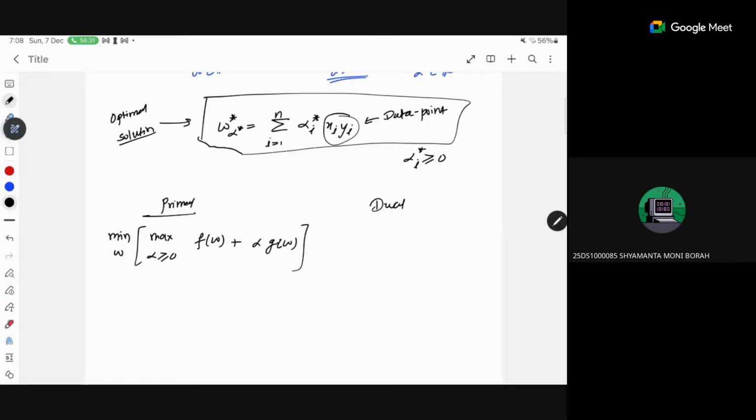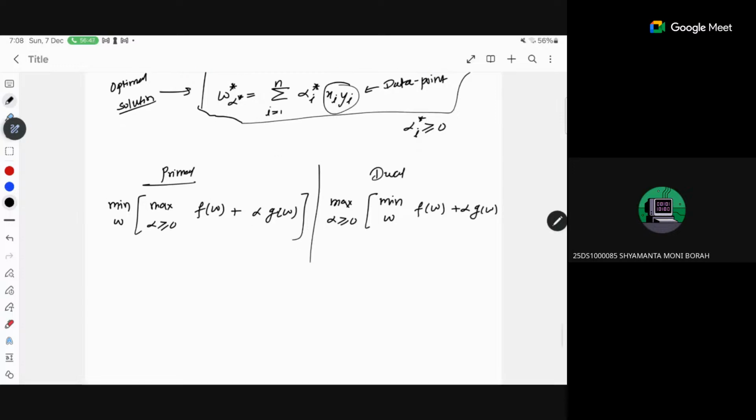And the dual problem is max over alpha greater than or equal to 0 of min over w of f of w plus alpha g of w. Is that okay?